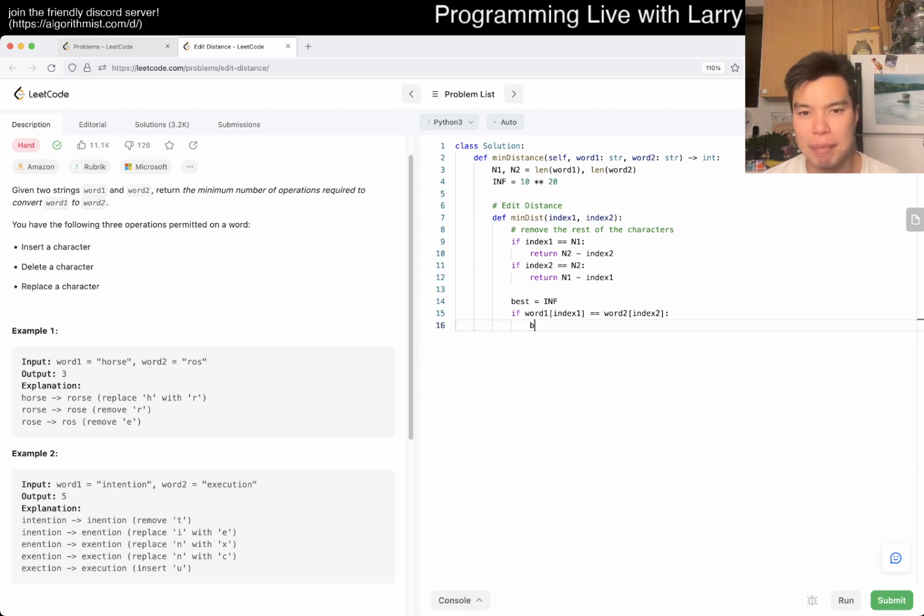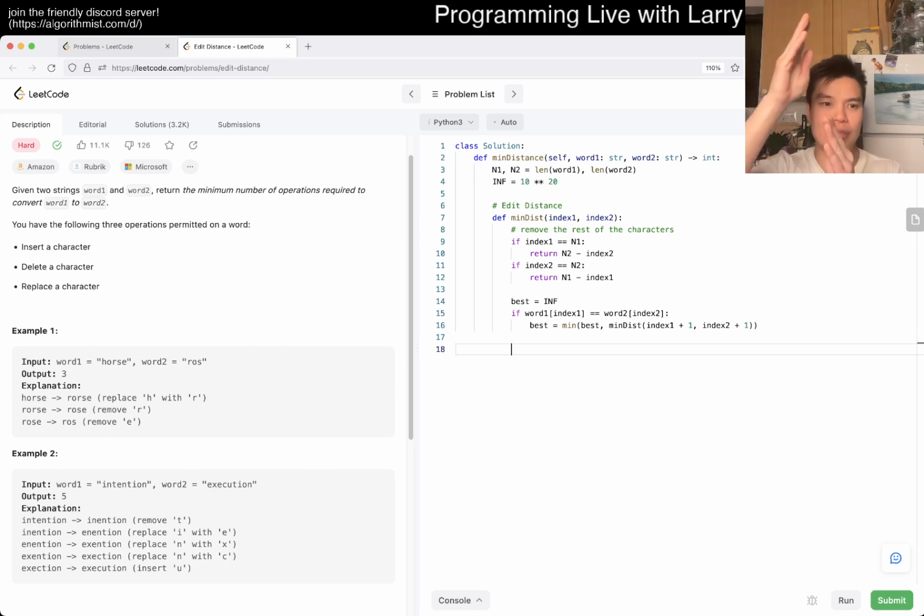Then best is equal to min of best, min distance of index one plus one, index two plus one. Here we're just saying the characters match, so we can just shift to check the next one.